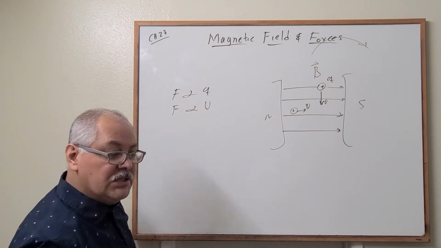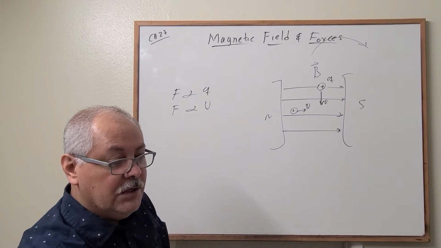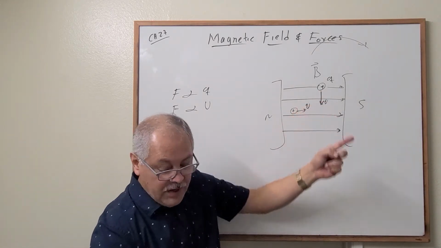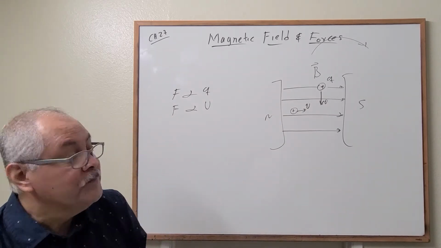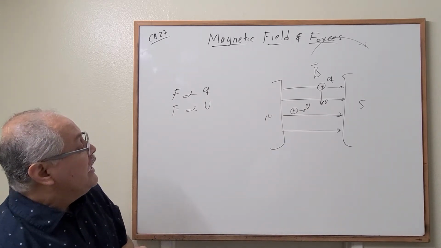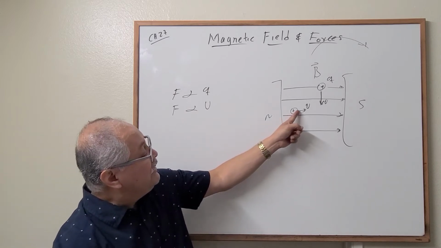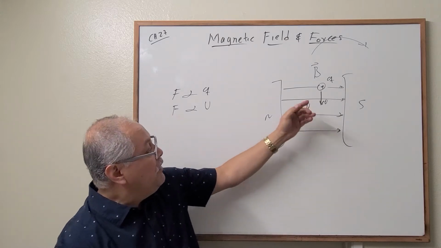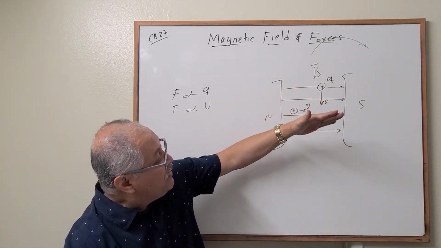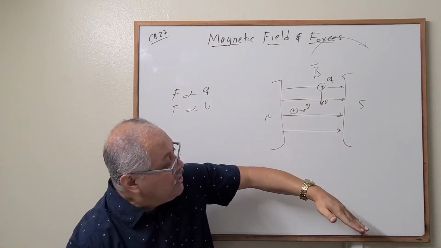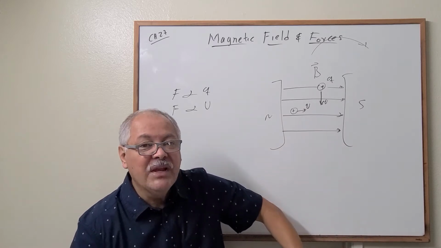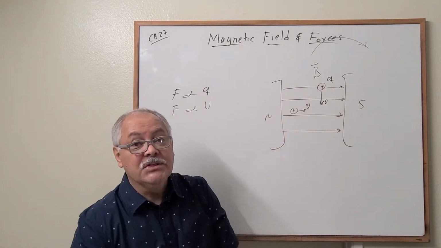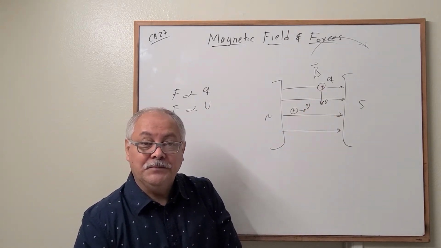If we increase the velocity, we increase the force experienced by that charge. Also, again, when the velocity is parallel to the magnetic field, nothing happens. But if we increase the angle and go to 90 degrees, we get the maximum force exerted on this charged particle in motion.